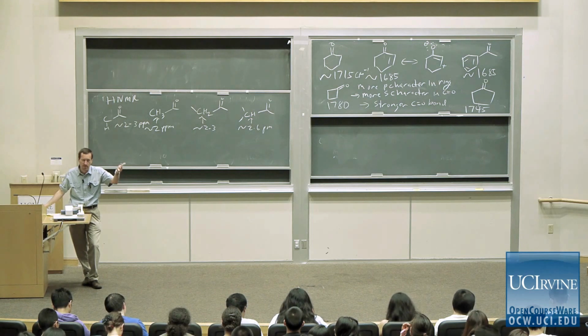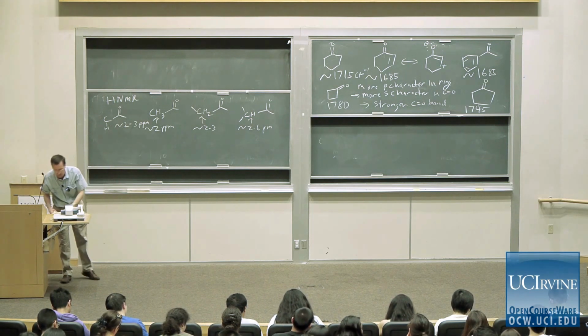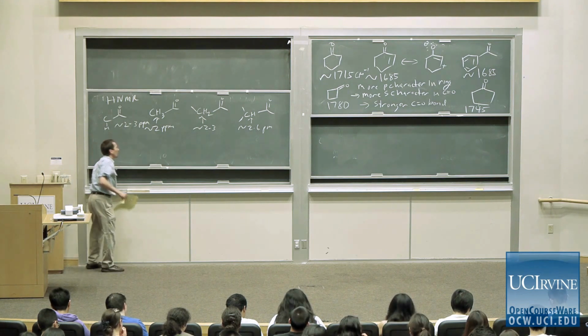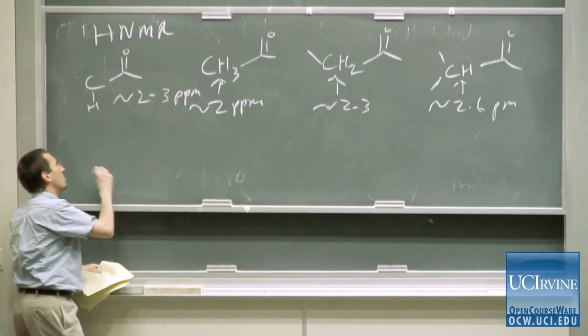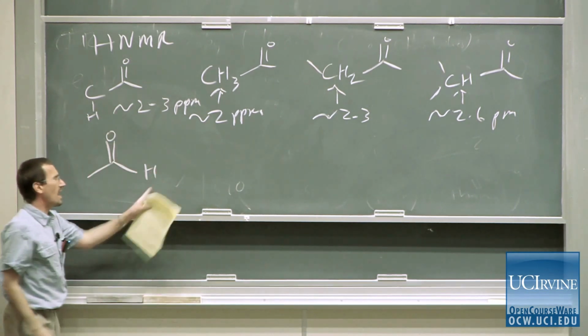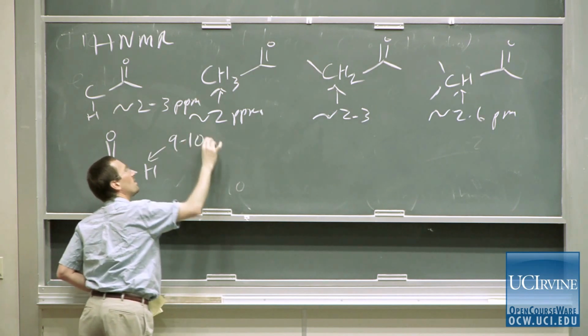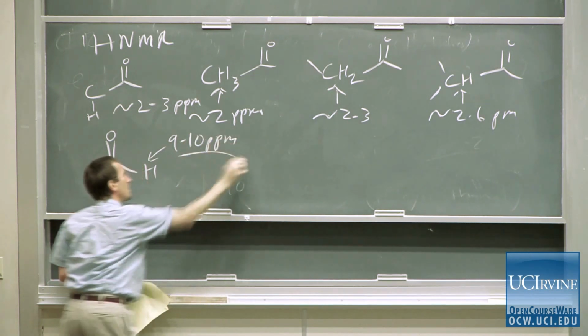A CH2 that's part of ethyl acetate is going to be at about 4.1 ppm. The aldehyde CH is another very characteristic feature in the spectrum. An aldehyde CH is typically at about 9 to 10 ppm.